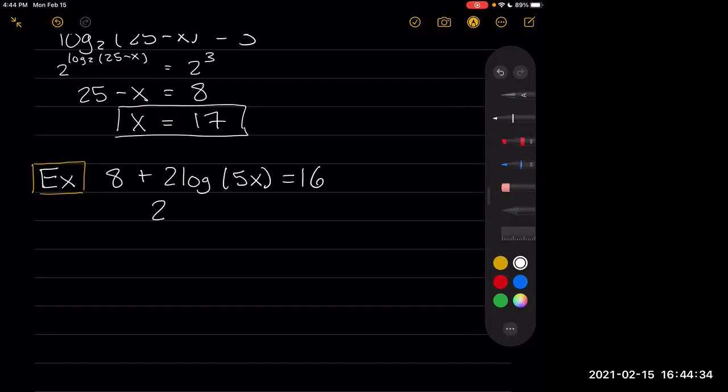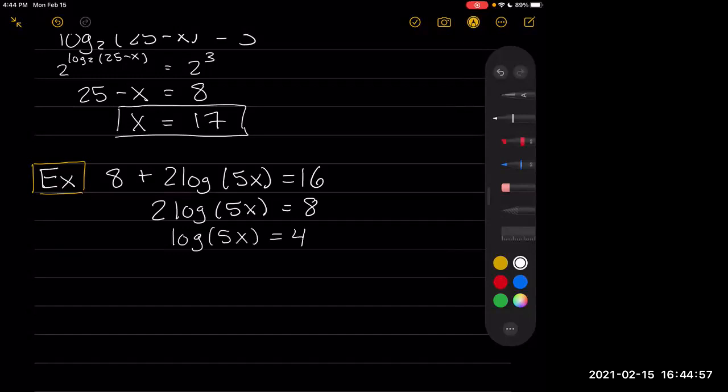So we end up with 2 log of 5x equals 8. And then now we're going to divide by 2 on both sides, and we're going to get log of 5x equals 4.